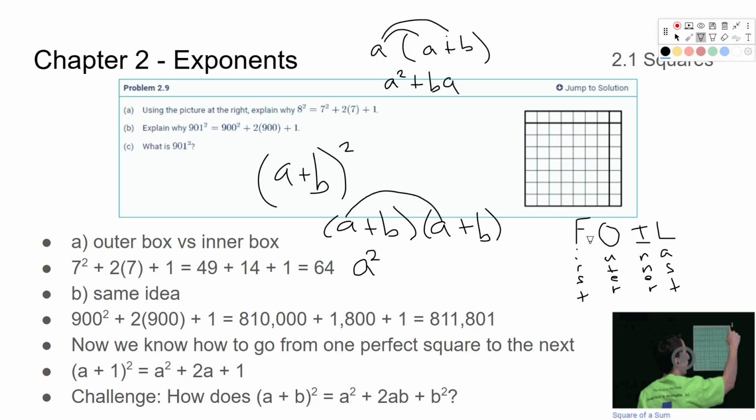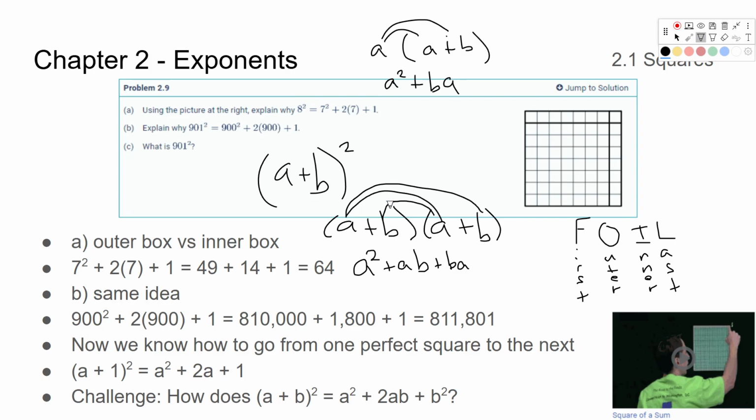All right, next one would be outer. Outer would be the outer numbers, A times B, so plus AB. Okay, and now inner, B times A, so plus BA.